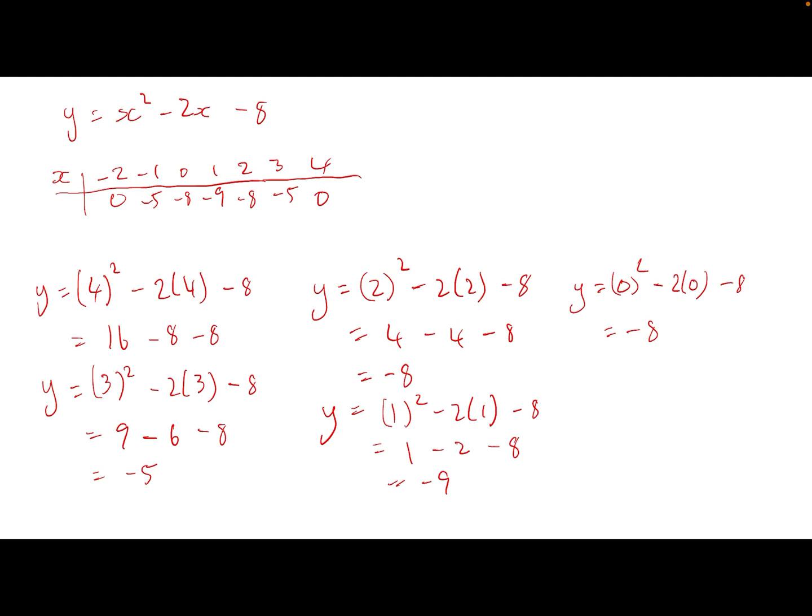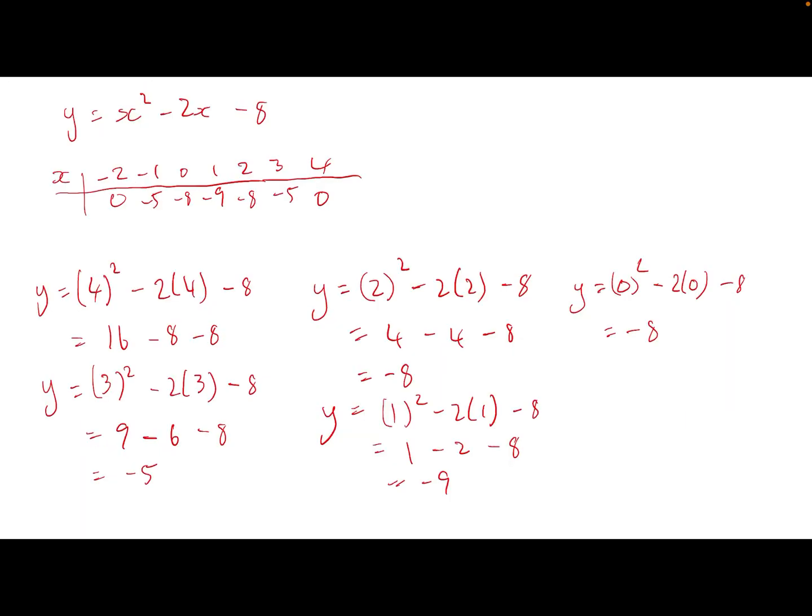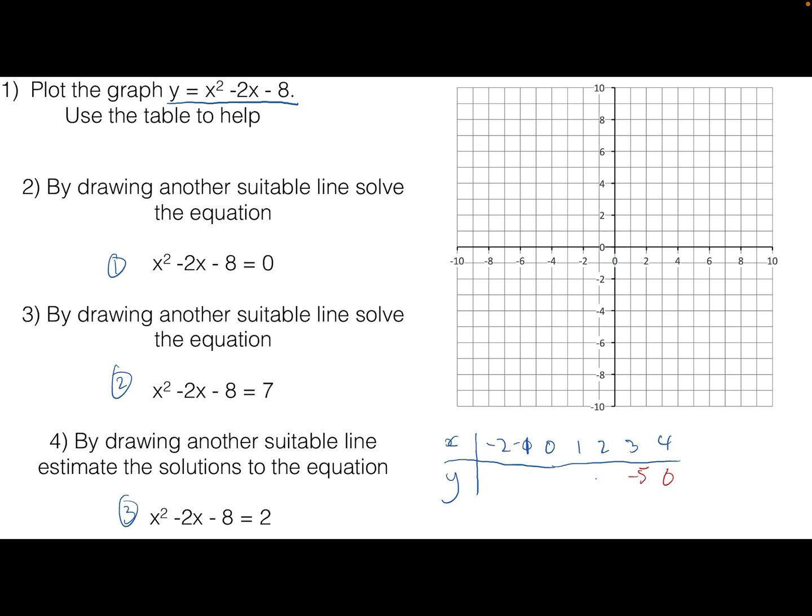Okay, so let's put those numbers in. We're going to get 0, minus 5, what was it again? Minus 8, minus 9, minus 8, minus 5, 0. So 4, 0, that's there. 3, minus 5, that's there. 2, minus 8, that's there. 1, minus 9, that's there.